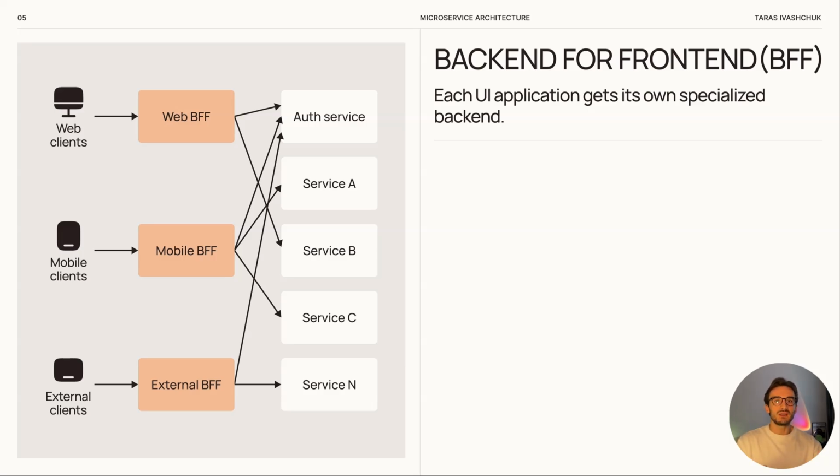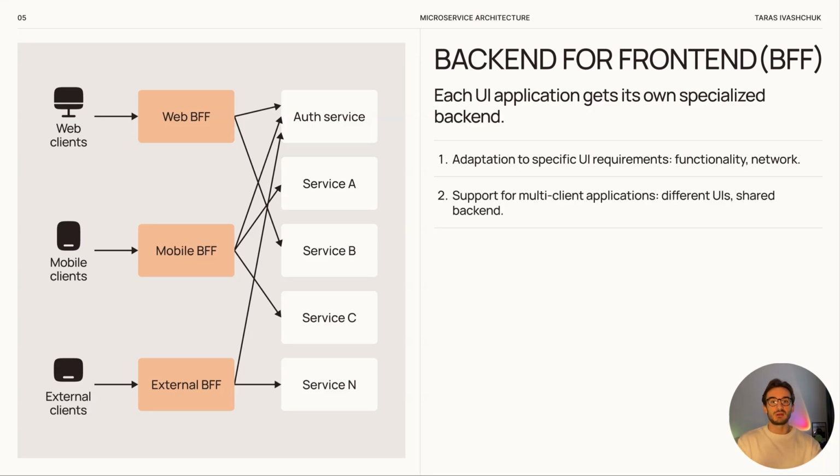Instead of one backend trying to serve everyone, each BFF is a small internal backend designed for a specific UI team. This makes it possible to handle the special requirements of each client, like different datasets to show or network constraints. And this really simplifies client-side development.